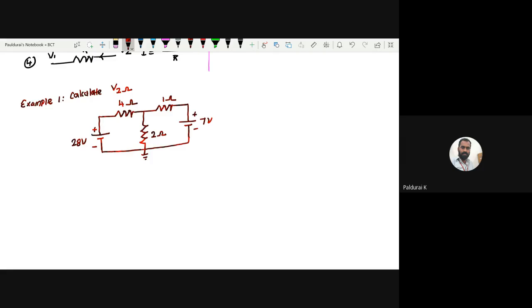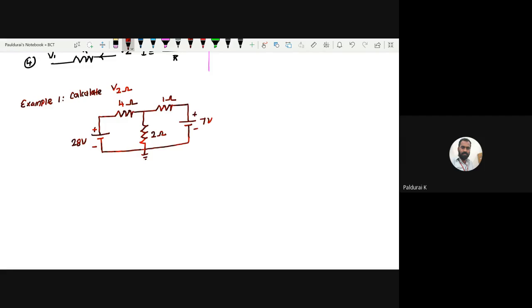That's it. So don't think that we will get one answer in mesh analysis and some other answer in nodal analysis. Obviously that is wrong. Both circuit responses will be the same. But what is the difference? We have two methods to analyze the circuit. Method 1, mesh analysis. Method 2, nodal analysis. Okay.